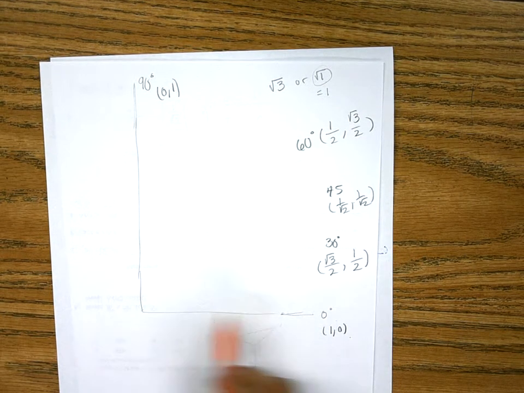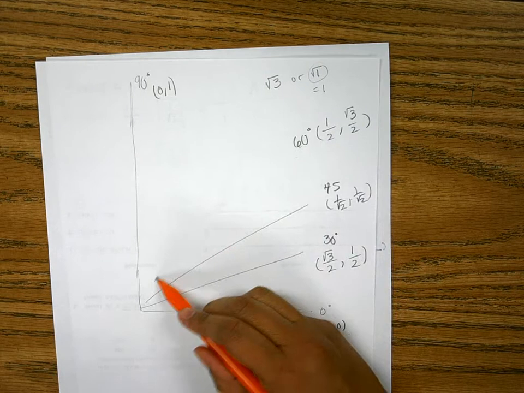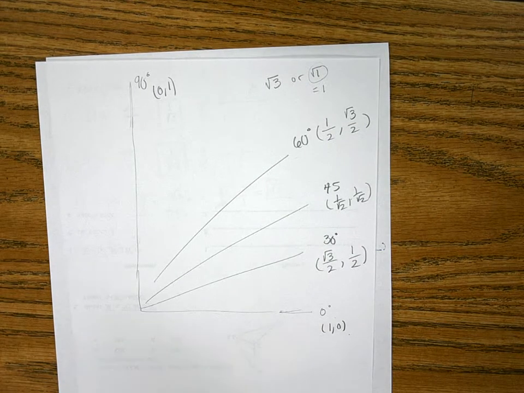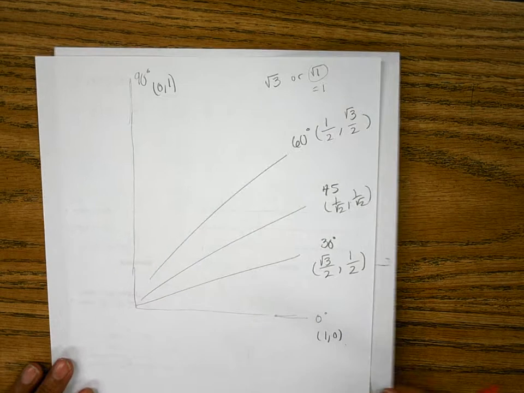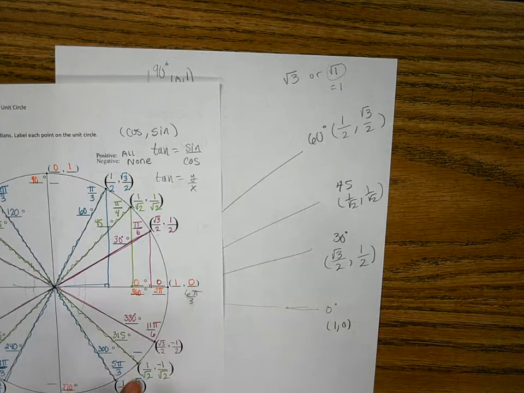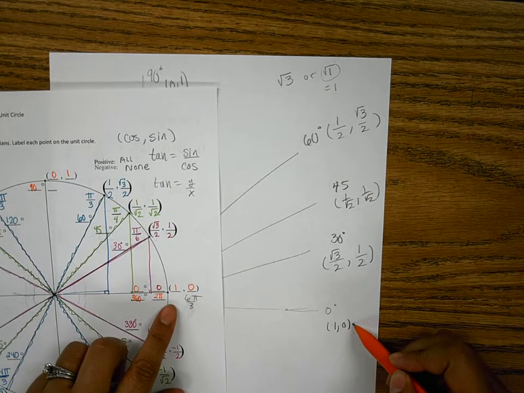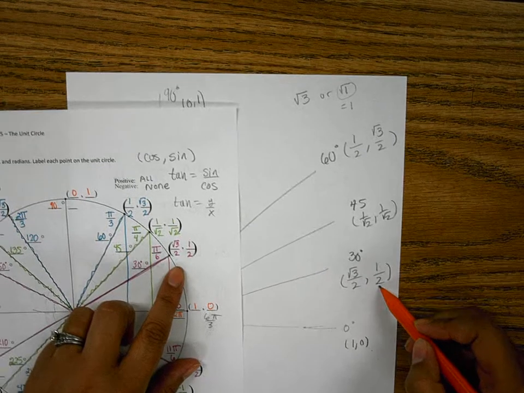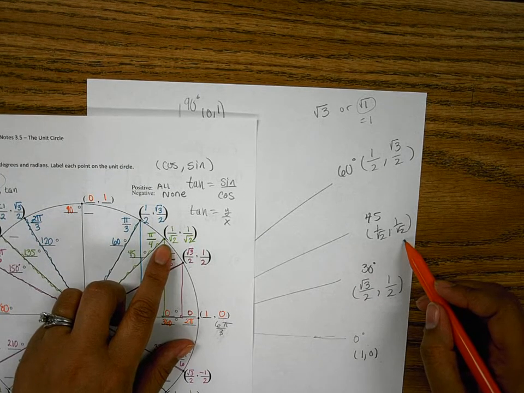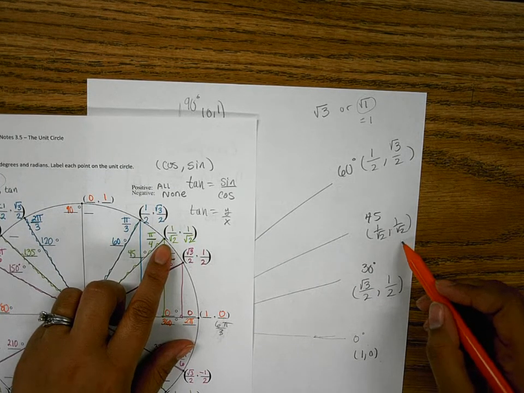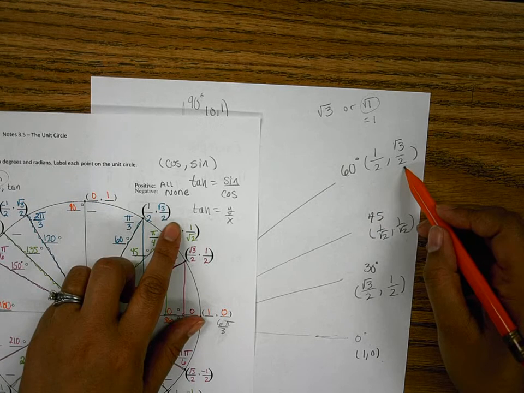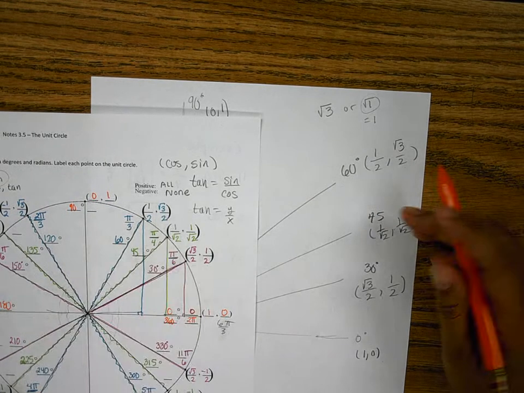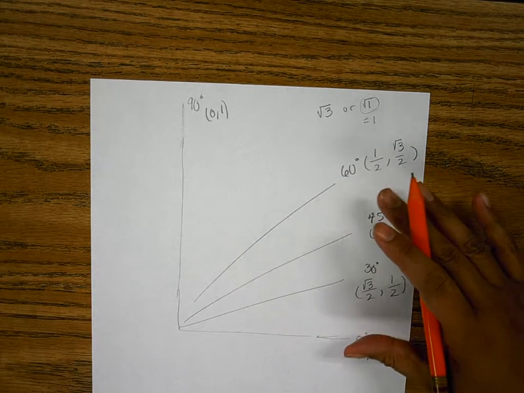And then if you look at your unit circle, that is exactly how it worked out. Let's check. There's our 1, 0, root 3 over 2 for 30, 1 over root 2, 1 over root 2 for 45, 1/2, and root 3 over 2 for the 60.